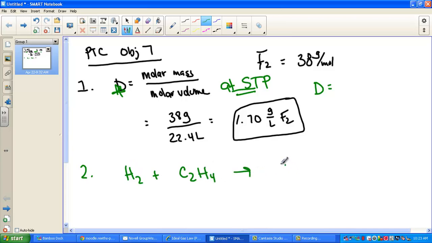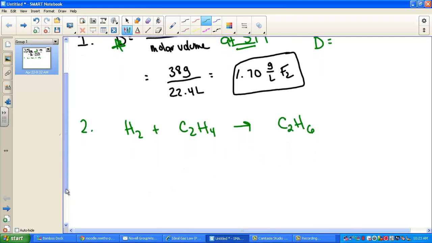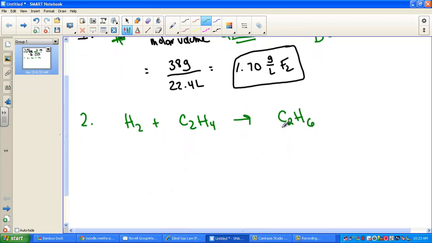The pattern of change is a combination, and we simply add on 2 more hydrogens to this organic molecule, and we've produced something called ethane. Our balanced equation shows a 1:1:1 stoichiometric ratio, so it can't get any easier than that.